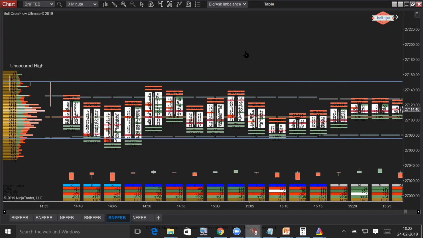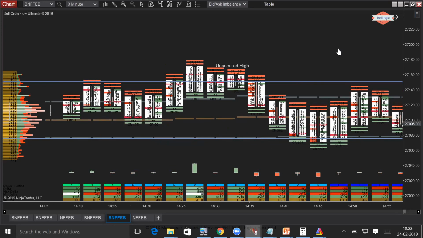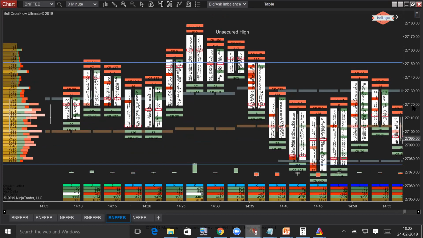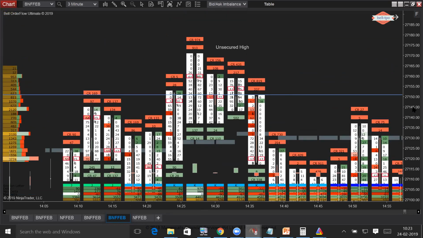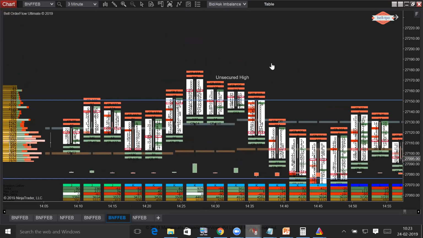Here, I think at 1425 somewhere, you can see the red delta negative. No, it's not a day high. Near the day high, delta is turning negative, but that's not a divergence.